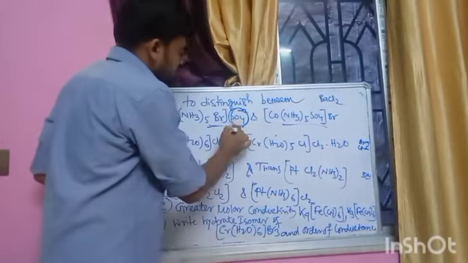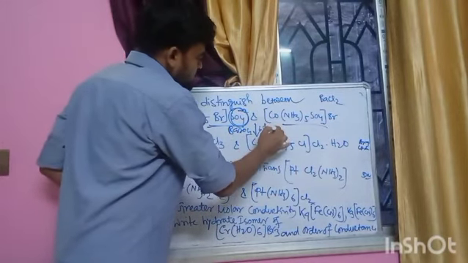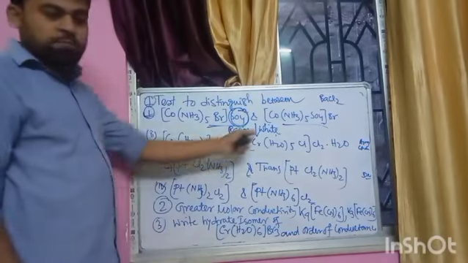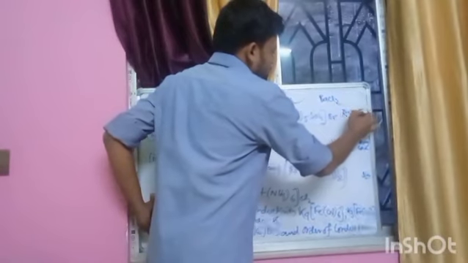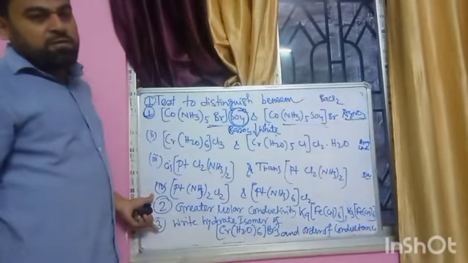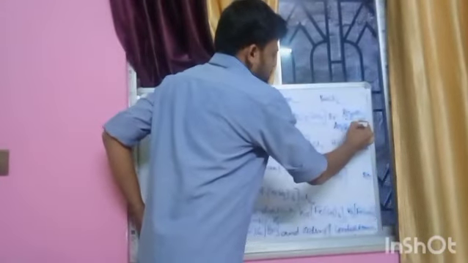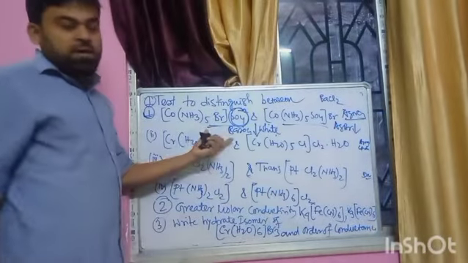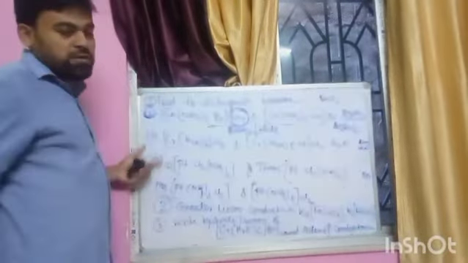In the second case, if we add AgNO3 solution, AgBr precipitation occurs, which is yellowish in color, but here BaSO4 white precipitation does not occur. It is the distinguishing test between them.